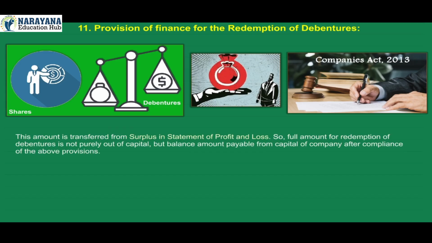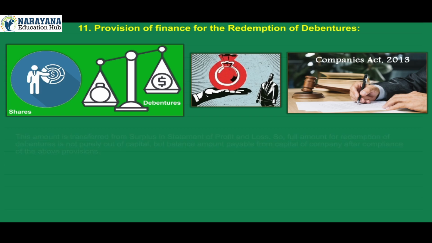This amount is transferred from surplus in the statement of profit and loss. So, the full amount for redemption of debentures is not purely out of capital, but the balance amount is payable from the capital of the company after compliance with the above provisions.